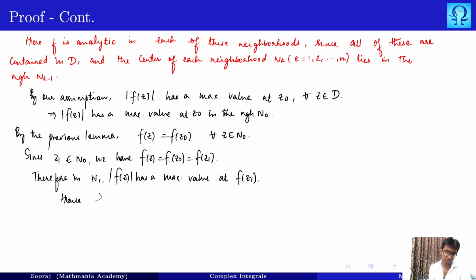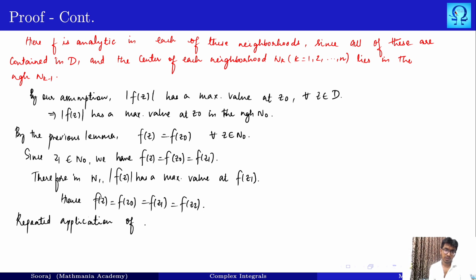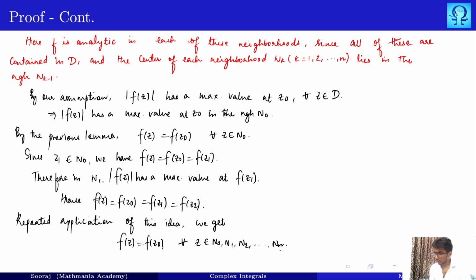Hence you will have f of z is the same as f of z naught, which is the same as f of z1, which is the same as f of z2. By repeated application of this idea, we get f of z equals f of z naught for all z in N naught, N1, N2 till Nn.